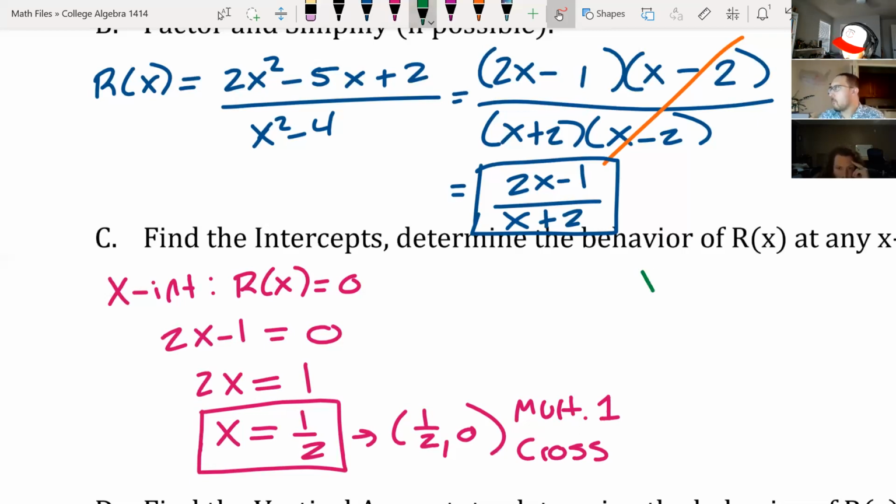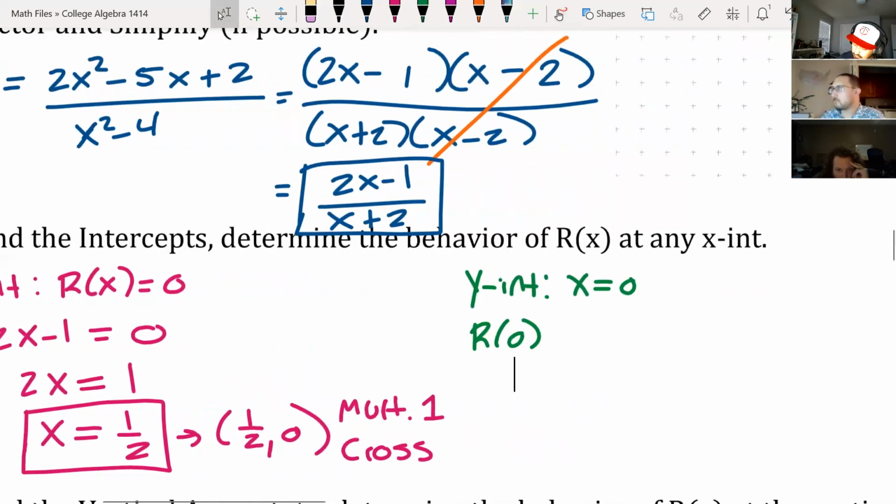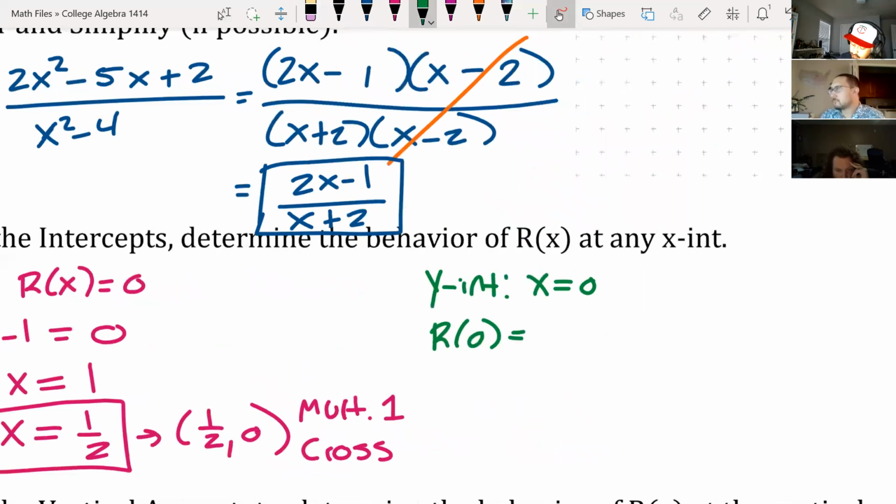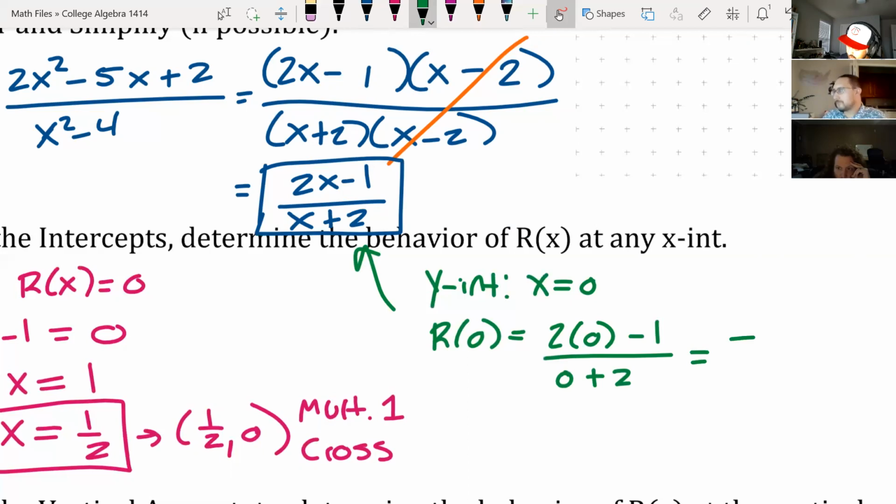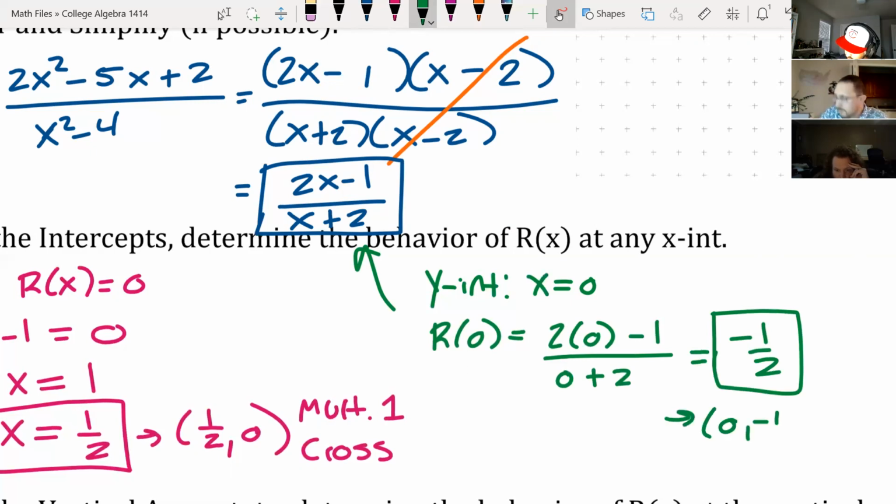Next is the y-intercept, where you let x equal 0, and we'll have r of 0 equal to, using the new function, 2 times 0 minus 1 over 0 plus 2, we get negative 1/2. So 0, negative 1/2 is my y-intercept.